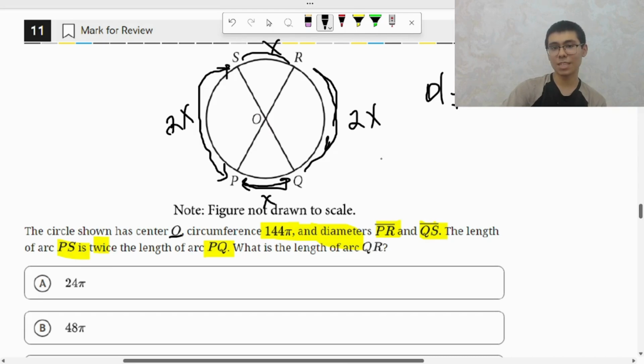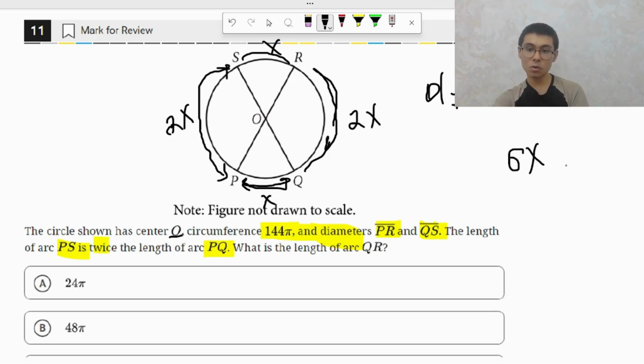So that would be easy, I believe. 2 plus 2, 4. 4 plus 1, 5. 5 plus 1, 6. So here we have 6x. If we add all these, we're going to get 6x, and this is going to be equal to 144 pi.